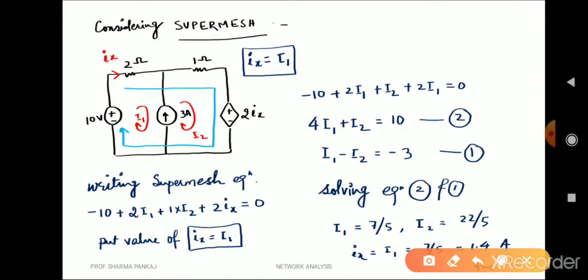Okay, now bring equation number 1, that is I1 minus I2 is equal to minus 3. I have arranged this equation number 1 a little, not a big task. So equation number 2 is 4I1 plus I2 is equal to 10.